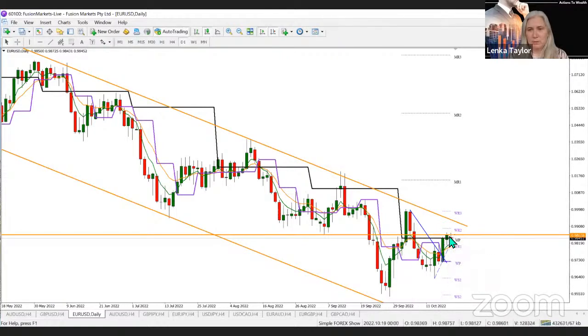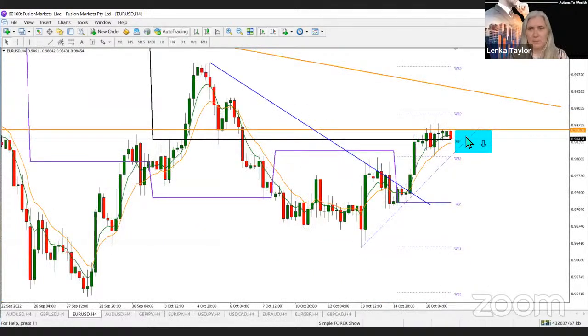So I'm looking for either price to go a little bit higher and then come back, and then looking for short opportunities. On here, we might still have some price action go above and false break, similar to this previous one. Or we might just get a pullback from here and then would look for a lower high and then looking for short opportunities from there.